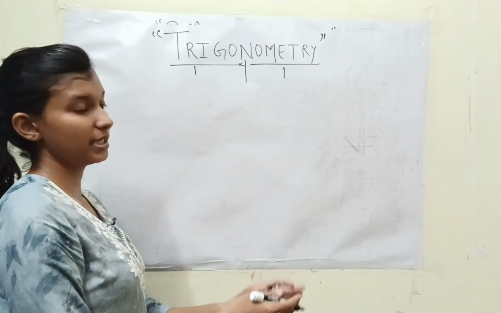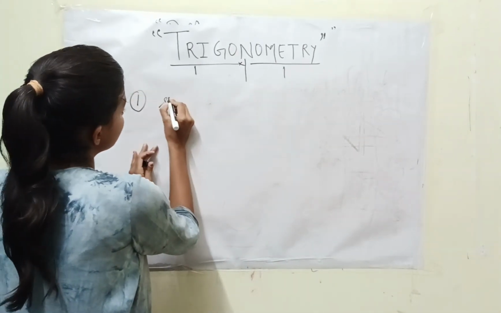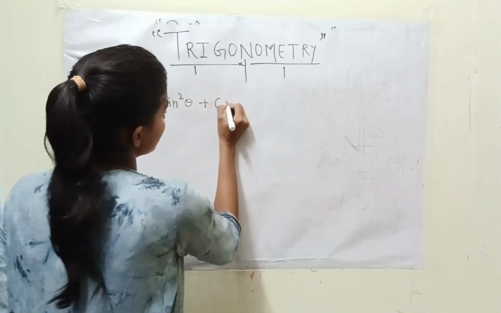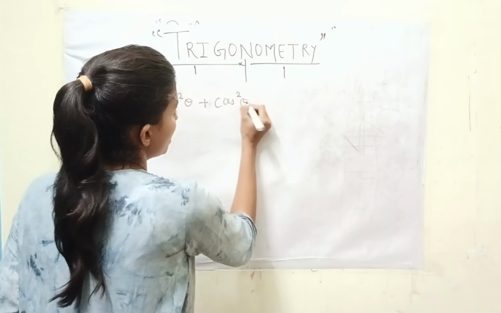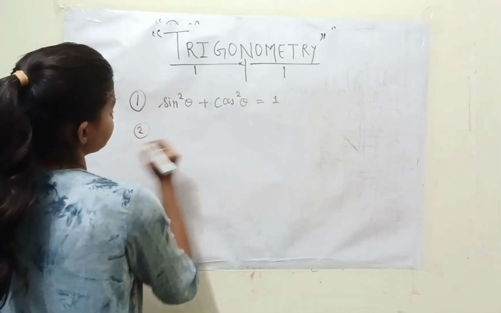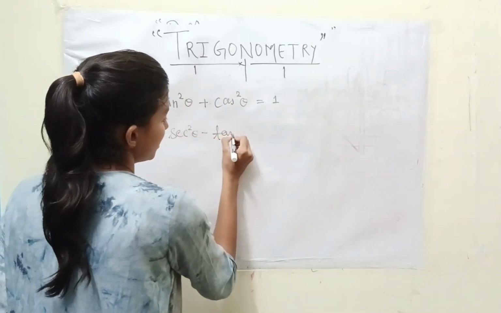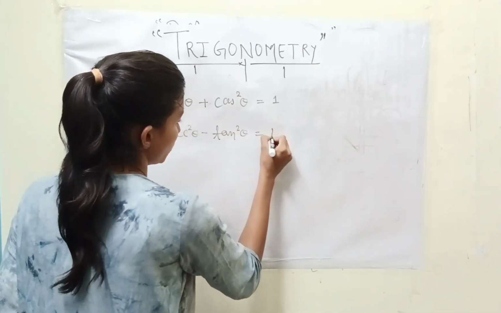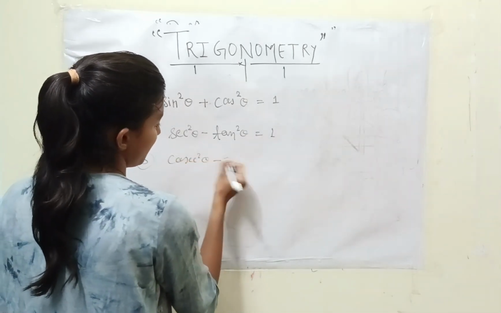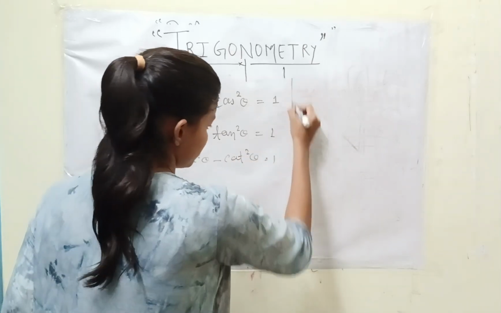In the trigonometric ratios, we have found some relations such that sin square theta plus cos square theta is equal to 1, and sec square theta minus tan square theta is also equal to 1. The third one is cosec square theta minus cot square theta, which is also 1.